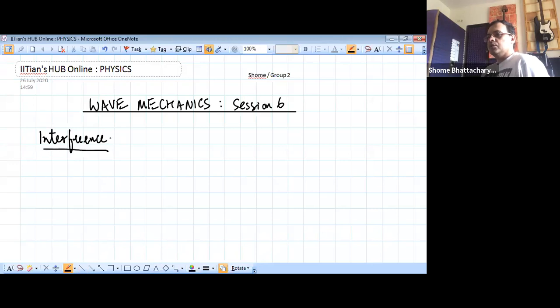So interference was defined as the superposition of, we had seen in the basic derivation two waves, but it can be more than that also.